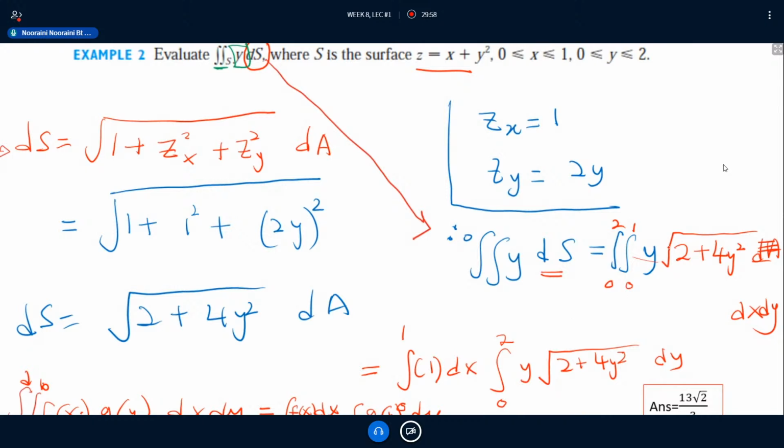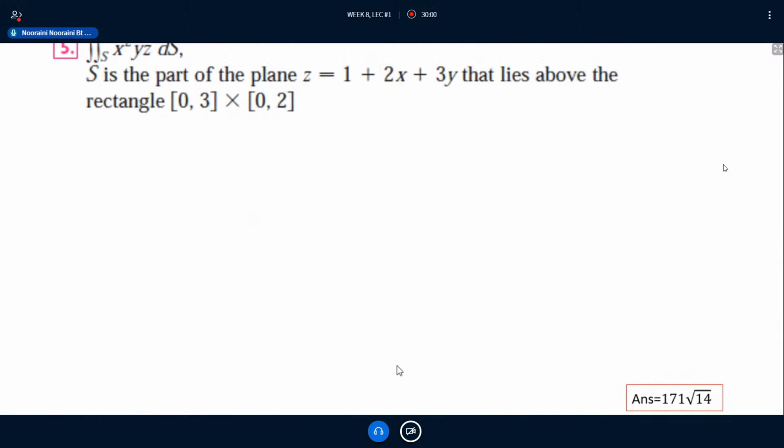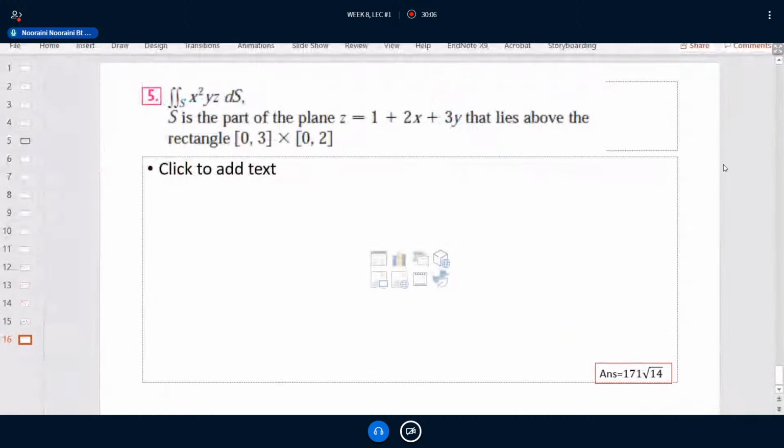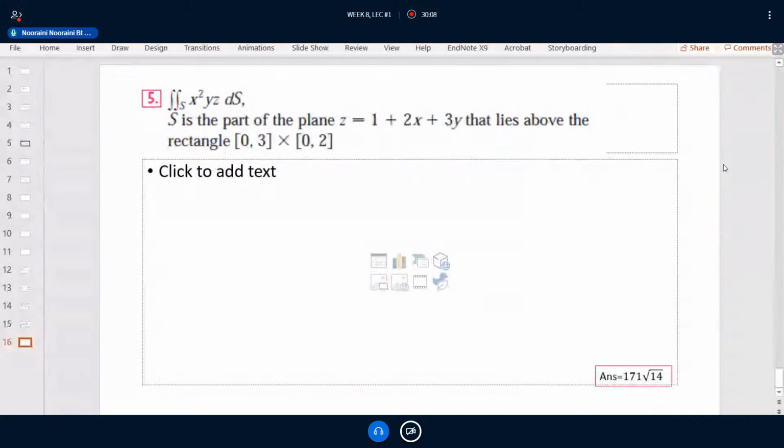If you don't want to split, also okay. If you are confused about this, I will just rewrite the solution. If you don't split it, I just reapply the formula. If you don't want to change it according to the formula, what you can do from here, wait, just select, later I answer your question.